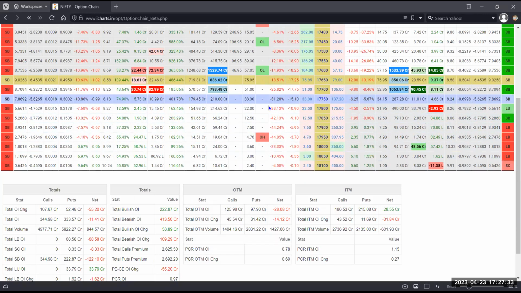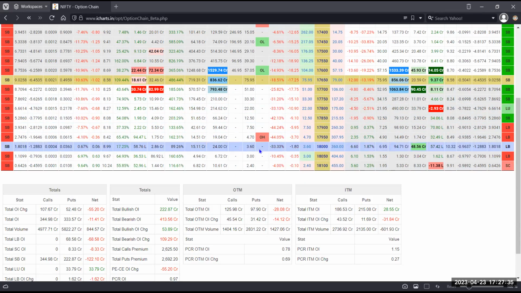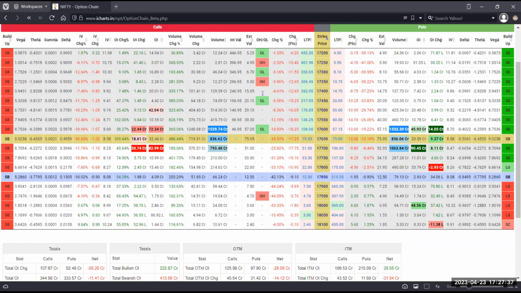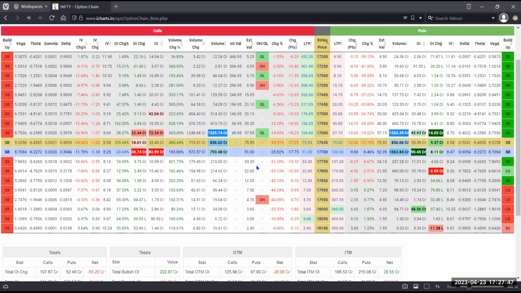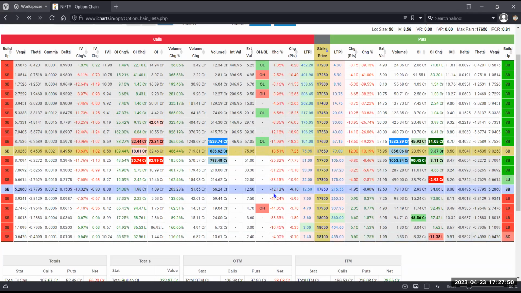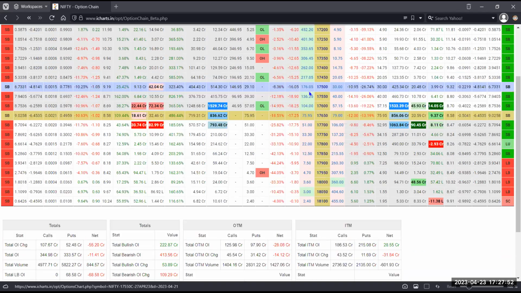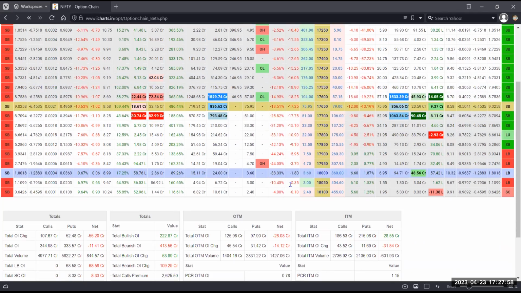They are going to trade mostly in out of the money, obviously, and those who are going to actually carry the positions, maybe they have some hedges, or a lot of hedging, or they are doing some positional strategies, or maybe risk defined strategies. They'll have both in the money and out of the money. So vertical spreads maybe, where they'll be buying this and selling this, or buying this and selling this. That kind of stuff.